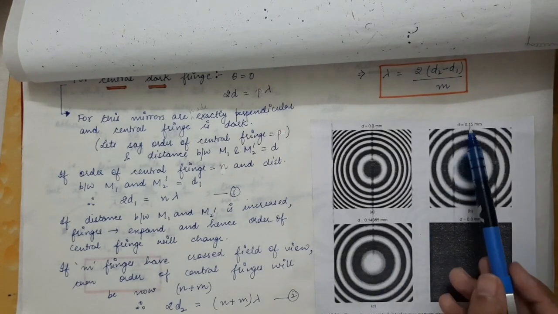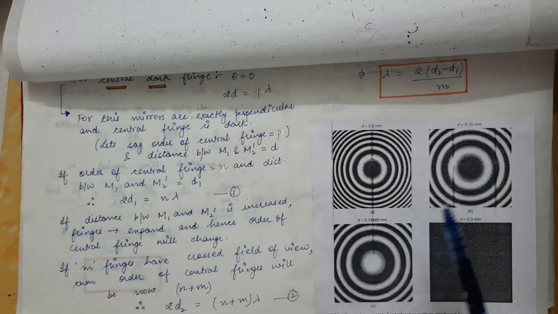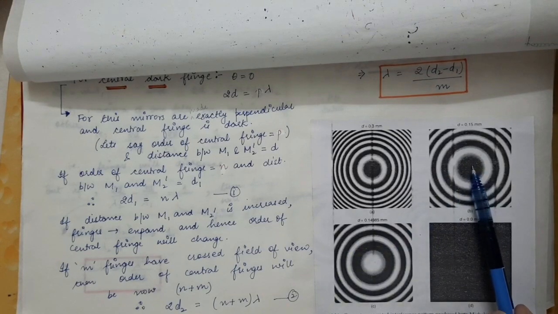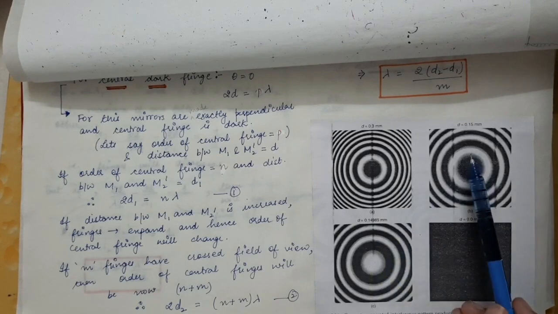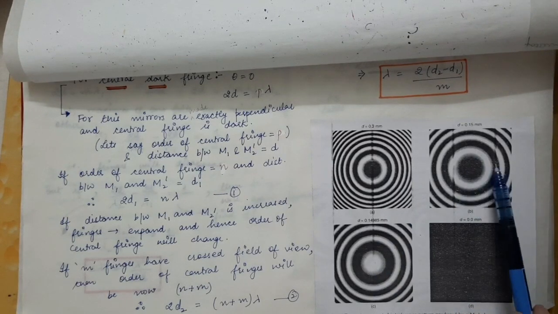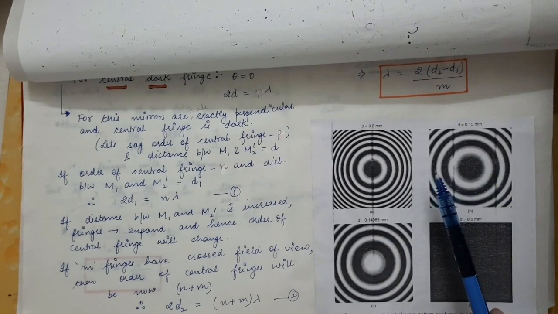So again as you decrease the distance very smoothly, the central fringe will change its nature. When the path difference is equal to (n plus half) lambda, the central fringe will be a dark fringe. When the path difference is equal to n lambda, the central fringe will be a bright fringe. So according to the value of the path difference, the fringes will change their nature.